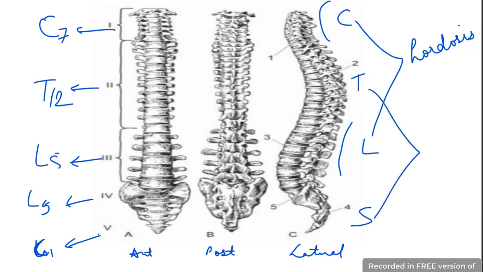Both form kyphosis. Now you would ask, what is this fifth one which I've marked? I've not mentioned it. This is the promontory of the sacrum. Till now it is clear, all the basic things I've told.